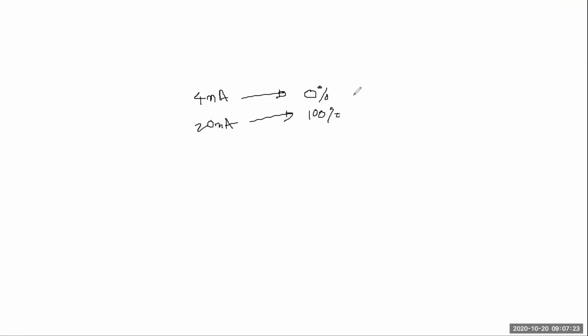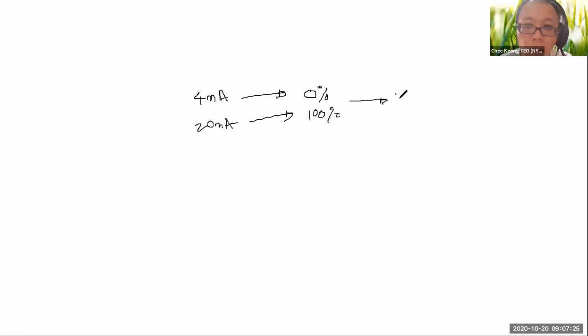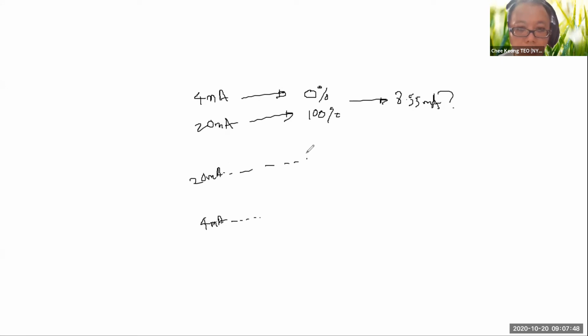Now the question is, what is 8.55 milliamp? So how to solve this question? If I draw a chart, this is 4 milliamp, and if I draw another one, this is 20 milliamp. So this part here is 100%.